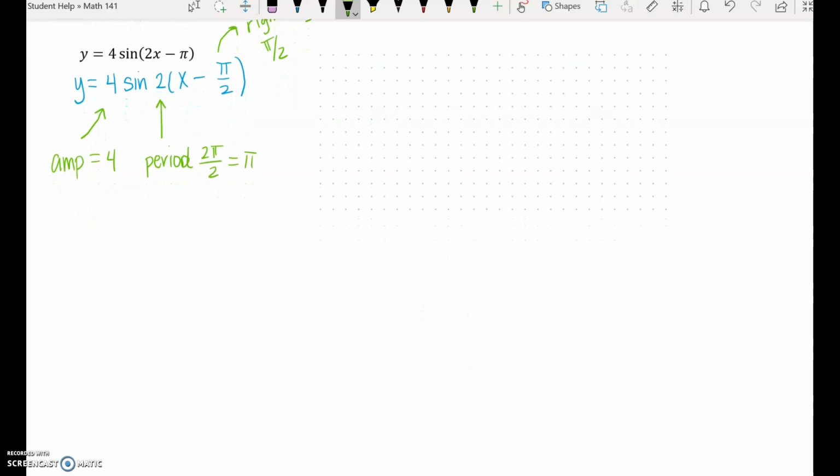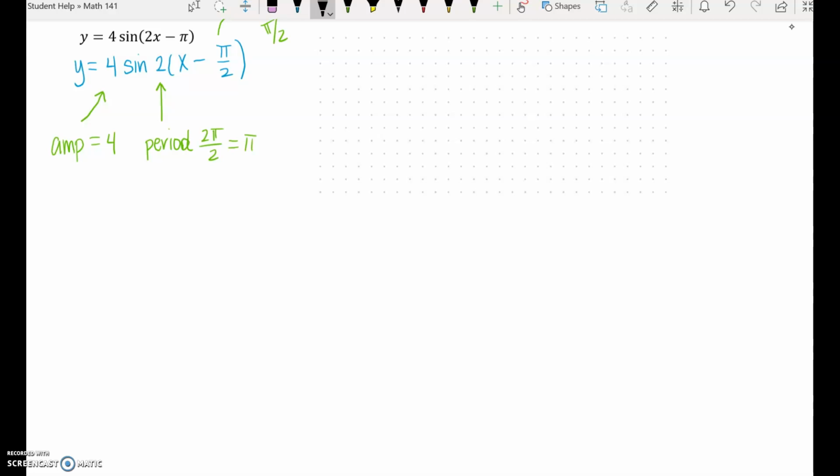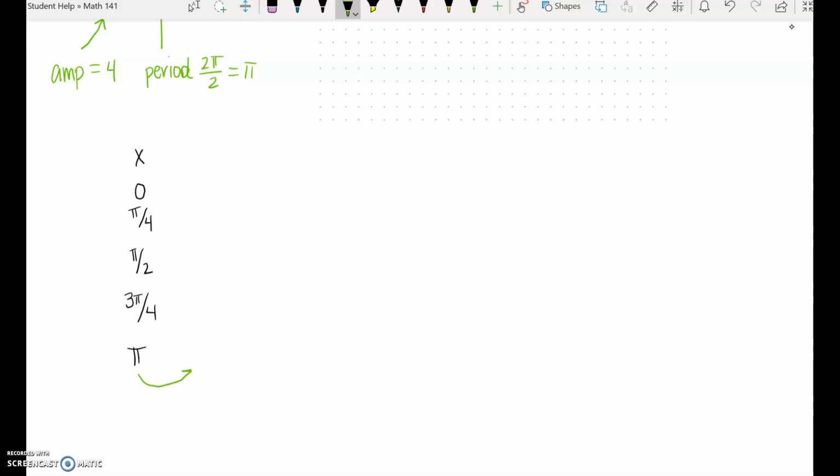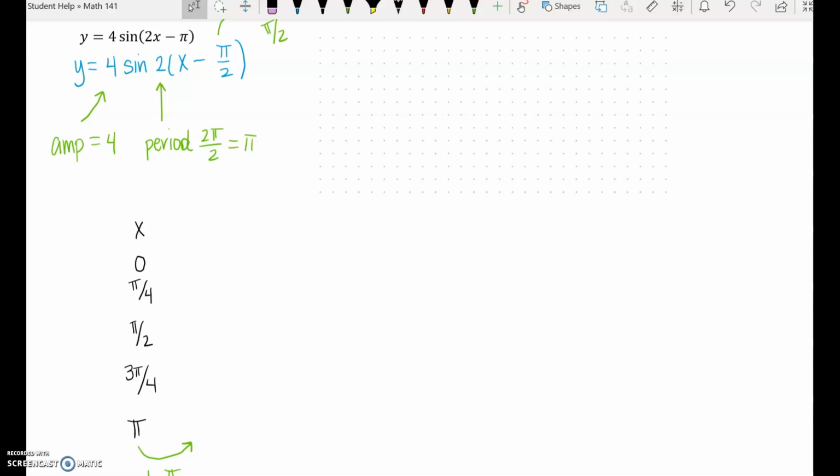So let's start with our x values. The period is going to go from 0 to pi. We'll have pi over 2 in the middle. Pi over 4 is the quarter point, and then 3 pi over 4 as the other quarter point. Then we'll look at the phase shift, which is going to move all of the values to the right by pi over 2, so we'll add pi over 2 to all of those values.